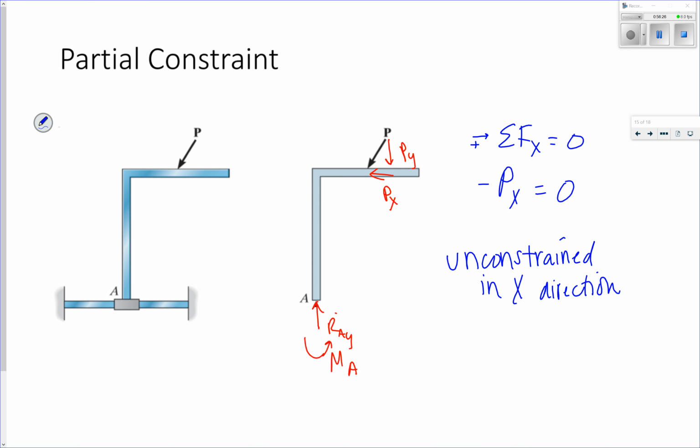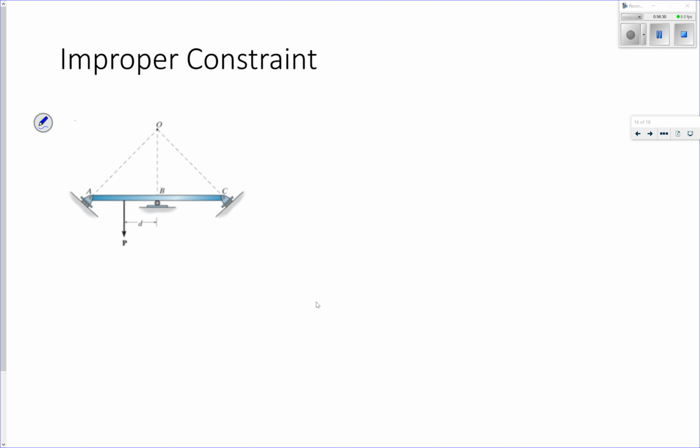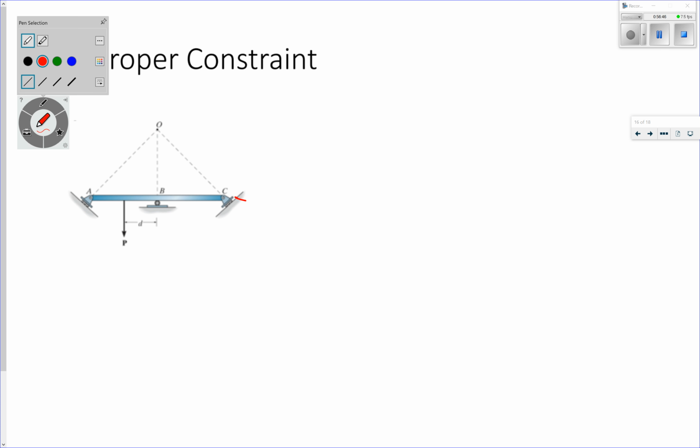Now, what about that improper constraint, concurrent reactions? Here I have a beam supported by 3 rollers. 2 of the rollers are on angles, are on slopes that have the same angle.